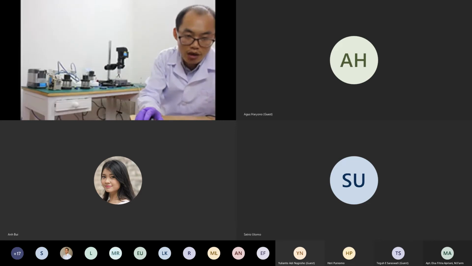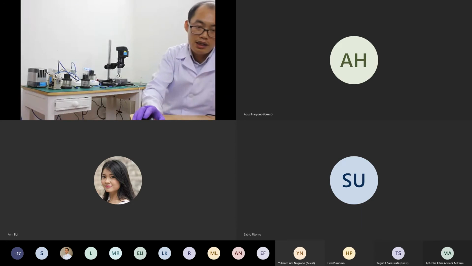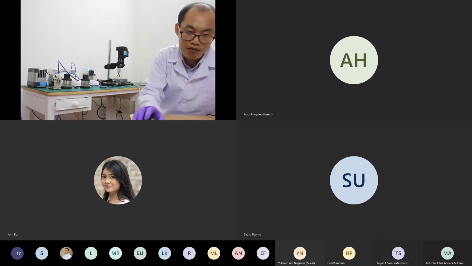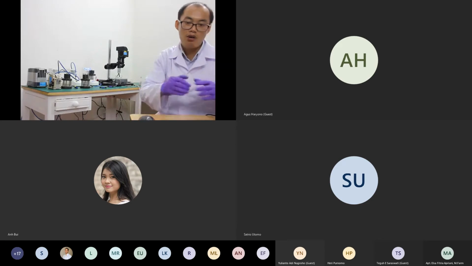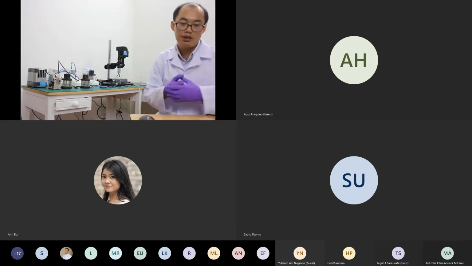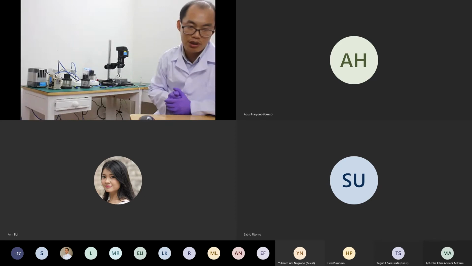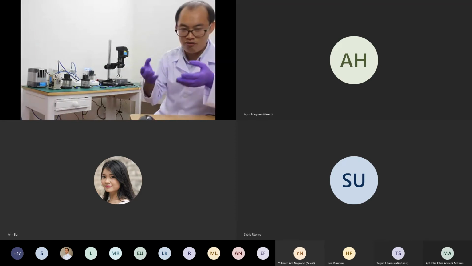Okay, next question. How about using a 3D printer from Dolomite? Yeah, it is possible, 5 micrometer. How about the transparency level? About the 3D printer from Dolomite, we are using COC material, so the transparency level is not as good as glass, but it's just enough to visualize the process inside a chip.